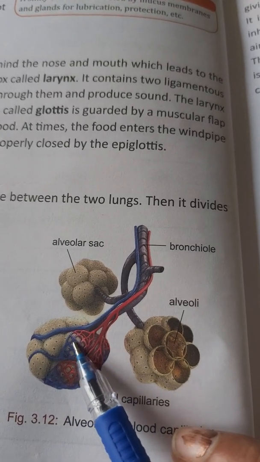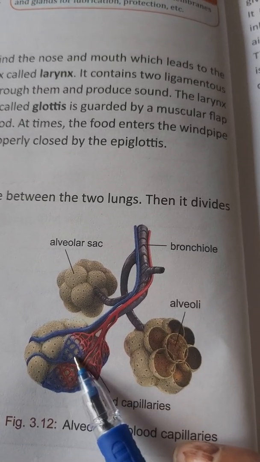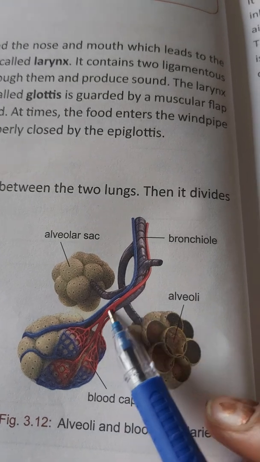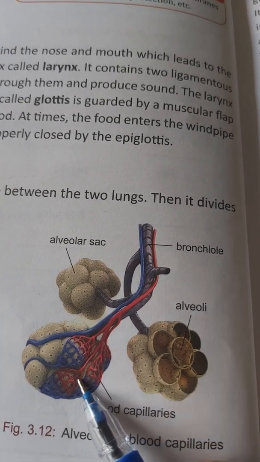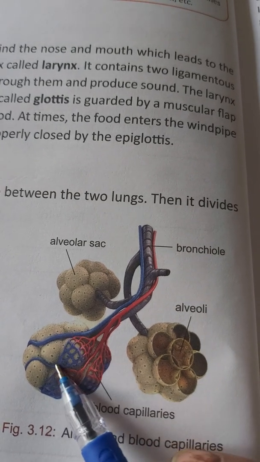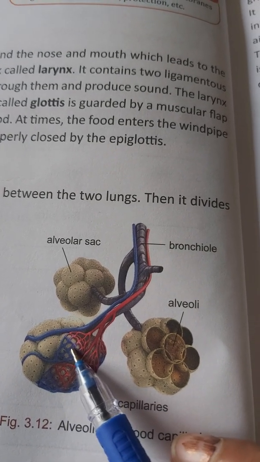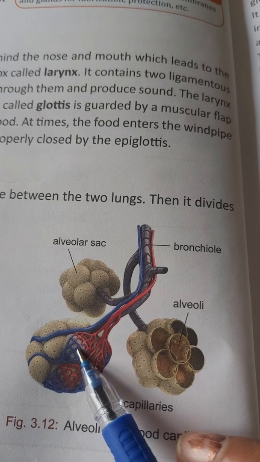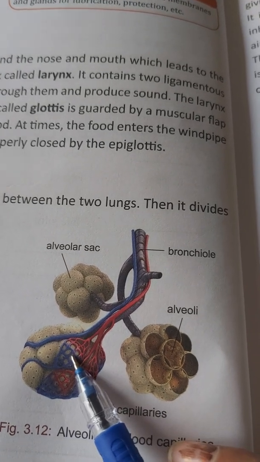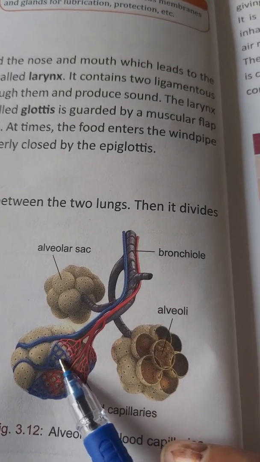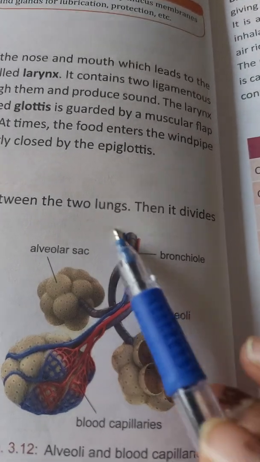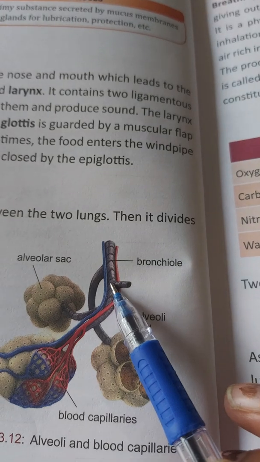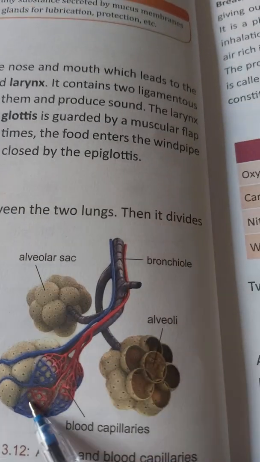So this blue part consists of impure blood, and the red part consists of pure blood. This is the oxygenated blood, and this is the deoxygenated. Deoxygenated means we have used its oxygen and given it carbon dioxide. That is why it is blue in color. So like this, respiration goes on with the help of our lungs.